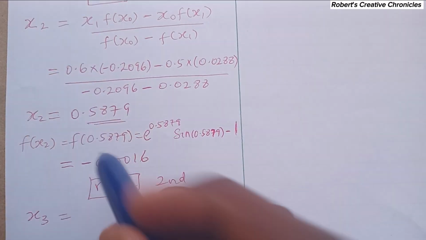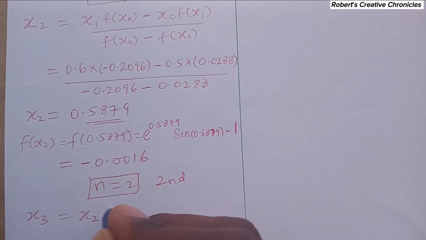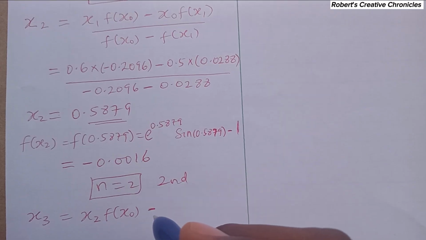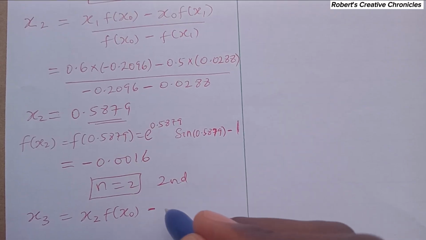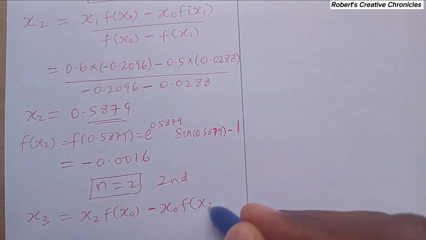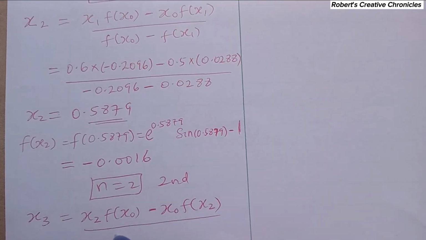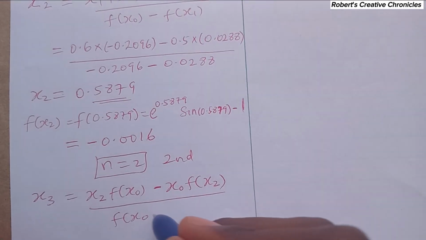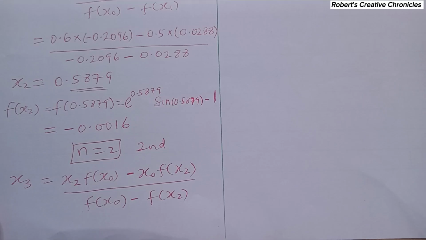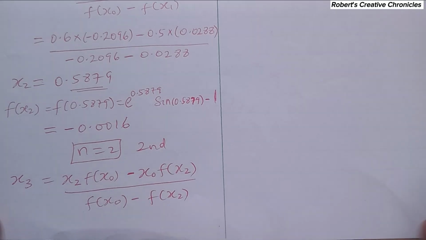Here will be x3, then x2, f of x0, which is constant, minus x0, which is also constant, and f of x2, over f of x0 minus f of x2. So this is it. Let's substitute the values inside.